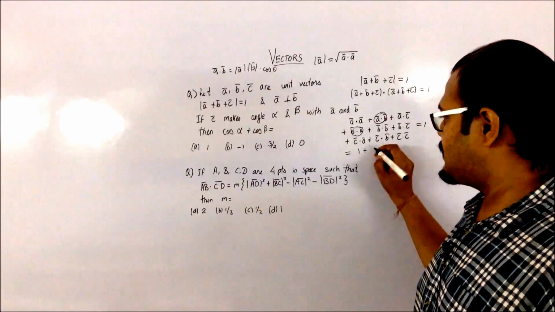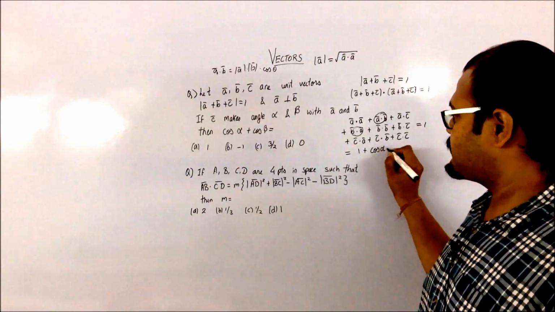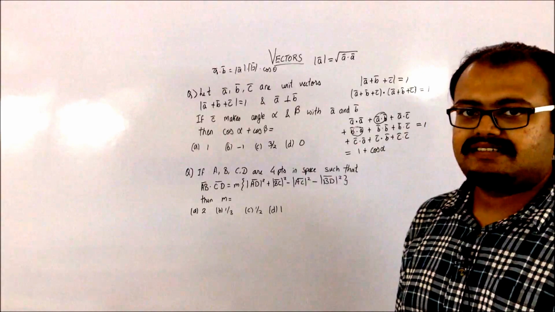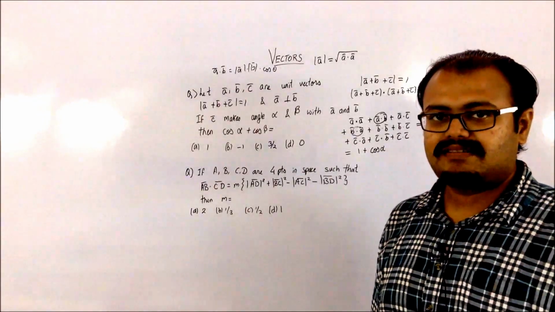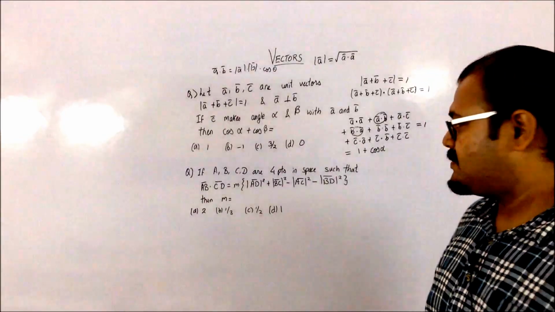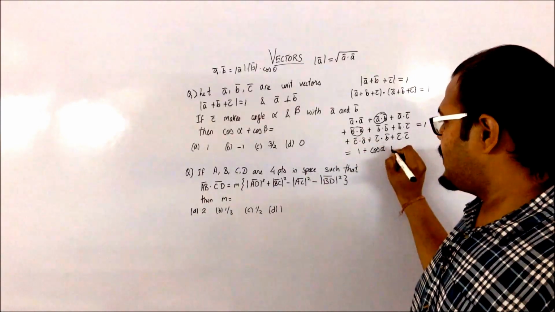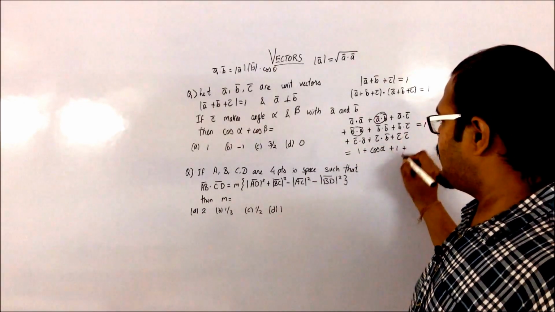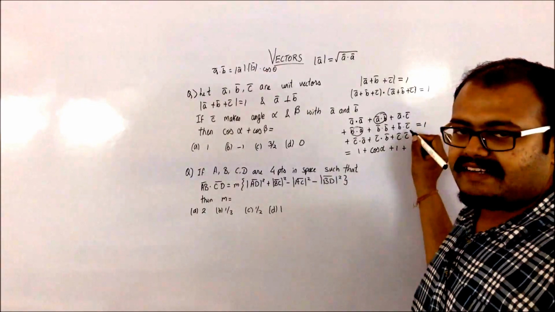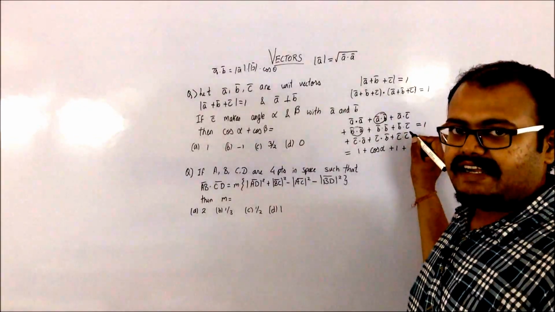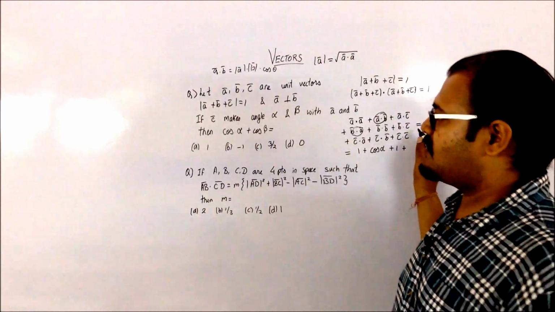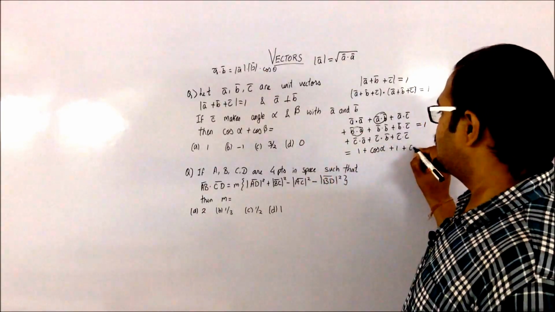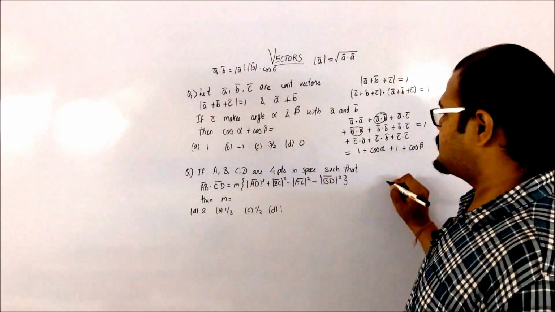So you will have 1 plus cos alpha. Next coming to B bar, that is the dot product of B bar with B bar itself. So again it will be same as the first term, it will have the value 1. And B bar dot C will have the value magnitude of B, magnitude of C, which is 1, into the cos of the angle, that is cos beta. So it will have cos beta.